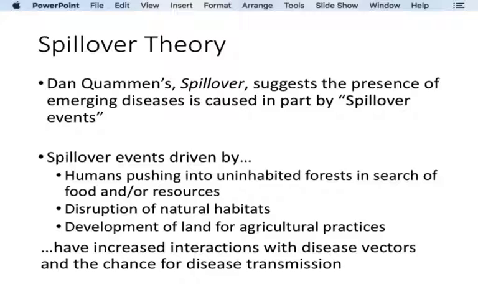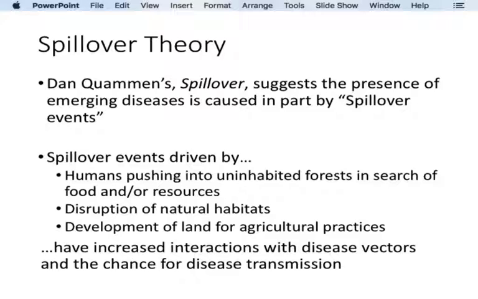So humans are pushing into uninhabited areas in search of food, in search of resources, disrupting natural habitats, destroying the habitats of those mammals, the fruit bats, and increasing the likelihood that we find them actually in villages rather than in the forest.